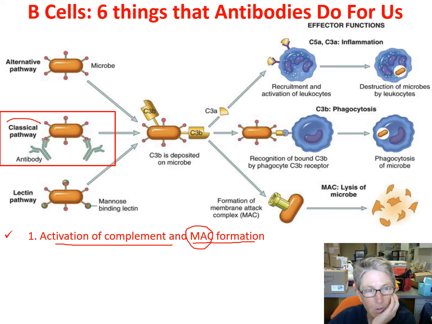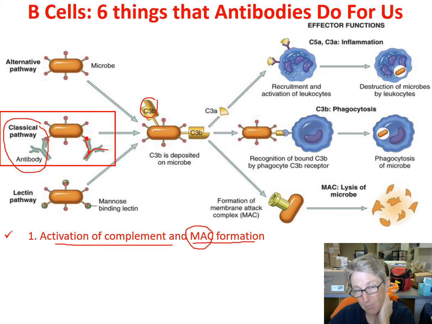So let's look at this way. We're in the classical pathway with antibodies. It shows here the specific antibodies binding to a specific epitope on the bacteria. And when that happens, you can activate the complement cascade. These complement cascade proteins include C3b and C3a.